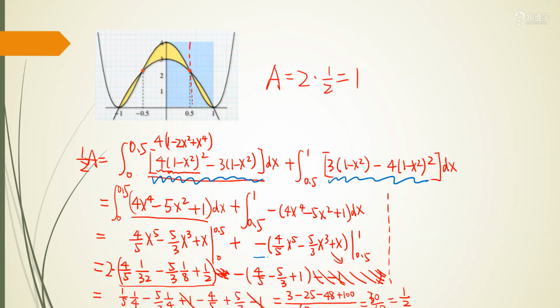The antiderivative is also exactly the negative of the first one. So this helps save time. You don't need to do the same thing twice. Also, when you have to minus 0.5 here, maybe you can just multiply by 2 at the very beginning because they are exactly the same thing. This also helps you save time, because calculating a product is easier than adding up things.